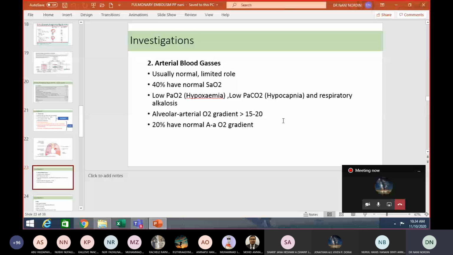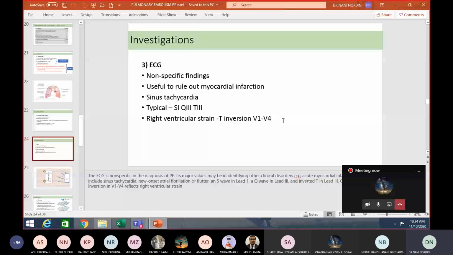ECG findings. You can do ECG. Of course, for a patient with dyspnea, or even chest pain, for example, you want to do ECG. ECG is another cheap, easily available investigation, and it is very informative because it can rule out dangerous conditions.